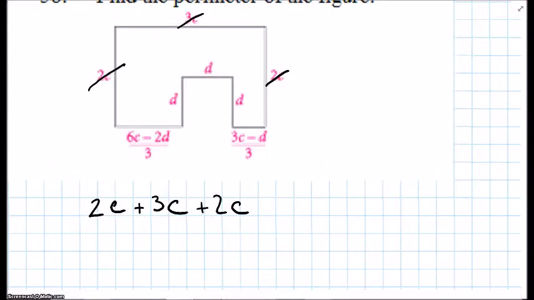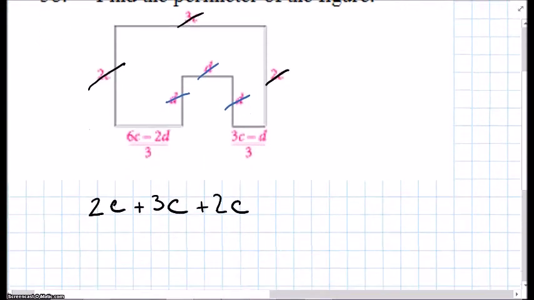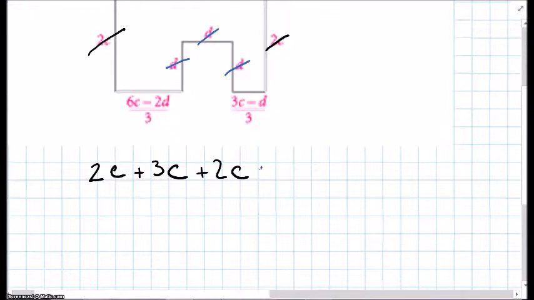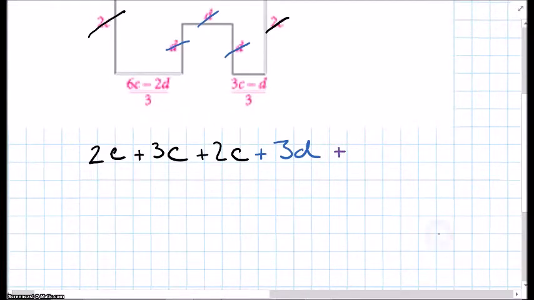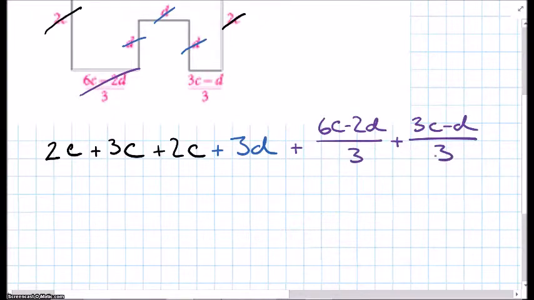Okay, now I see a D, and a D. So I'm going to add 3D. Okay. Now I see plus a 6C minus 2D over 3 plus a 3C minus D over 3.